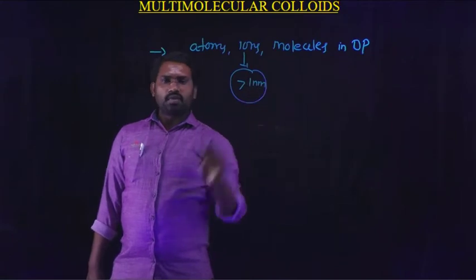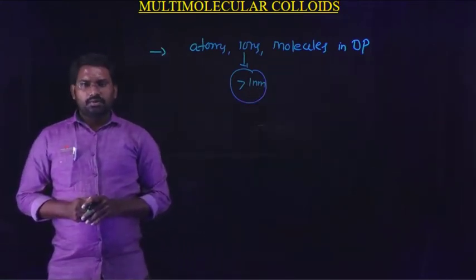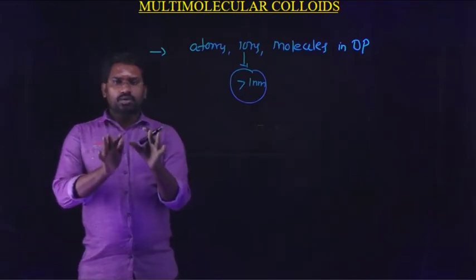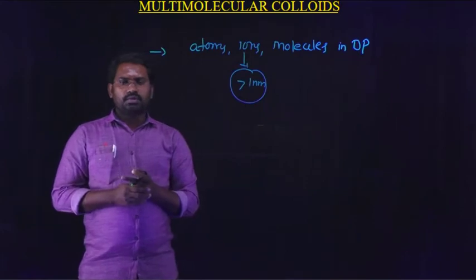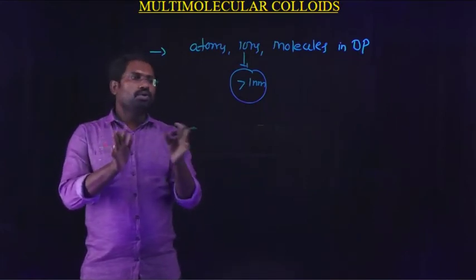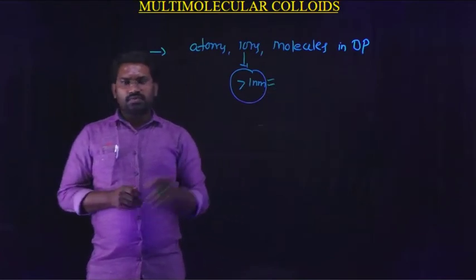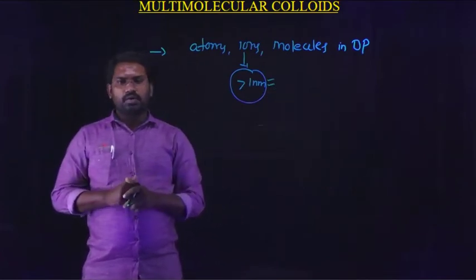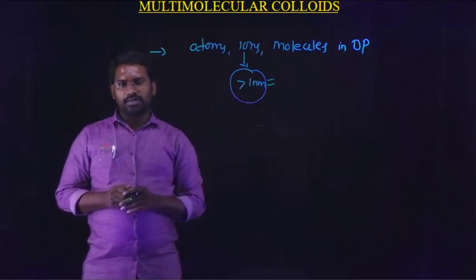Such type of colloids are called multimolecular colloids. The atoms, ions or molecules of a substance present in the dispersed phase are aggregated and able to form a large sized particle with a diameter of greater than 1 nanometer.